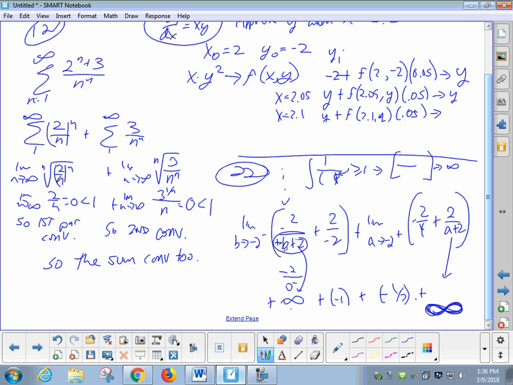Let's see. If I were approaching -2 from above, that would be like -1.9. This would be positive, so this is positive infinity. So it feels like this is not indeterminate, it's positive infinity. Huge plus huge.